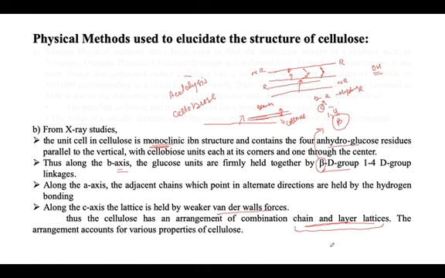But the structure of one chain is linear, with beta linkages in it, and that chain and layer lattice arrangement accounts for various properties of cellulose, like I discussed here, why it forms a colloid. So this is how we get the information about the chemical structure, the elucidation of the structure of cellulose.